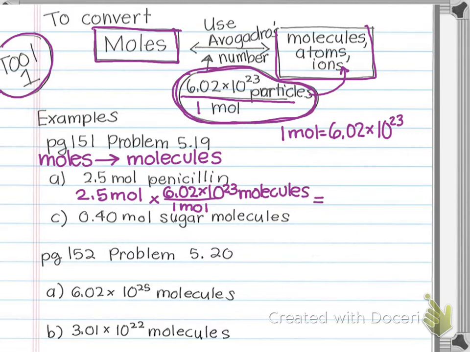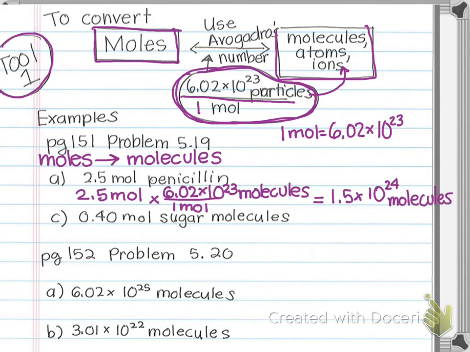And so what I would be doing is taking the 2.5 moles and multiplying it by the number of molecules. And to two significant figures, because that's what I was given, I get 1.5 times 10 to the 24th molecules.